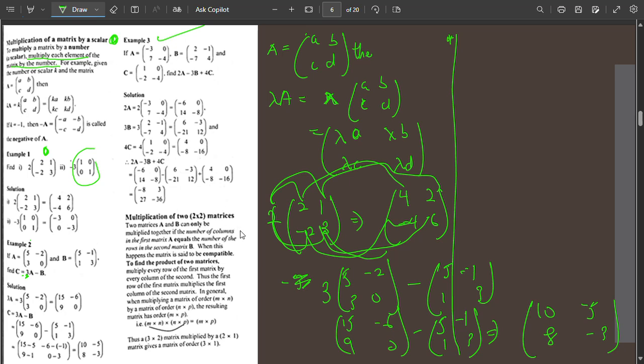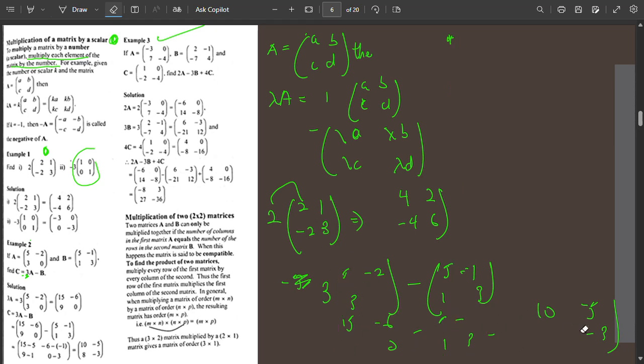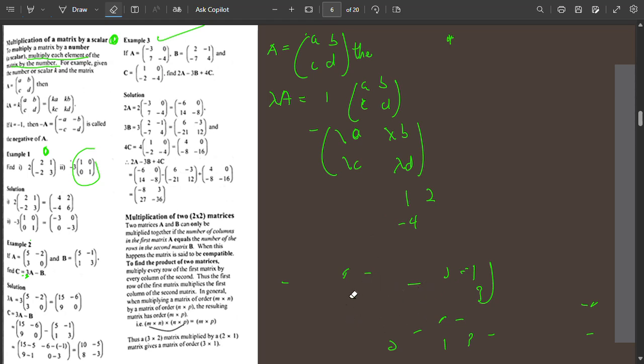Let's move on to multiplication of matrices. In multiplying matrices, you should make sure that the number of columns in the first matrix is equal to the number of rows in the second matrix.